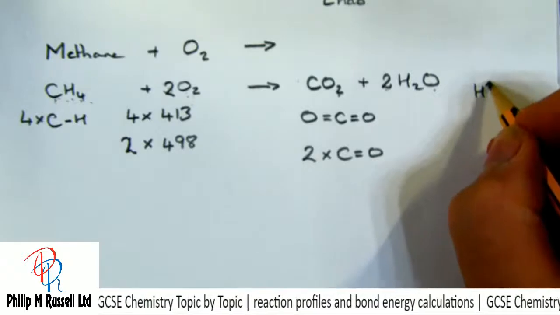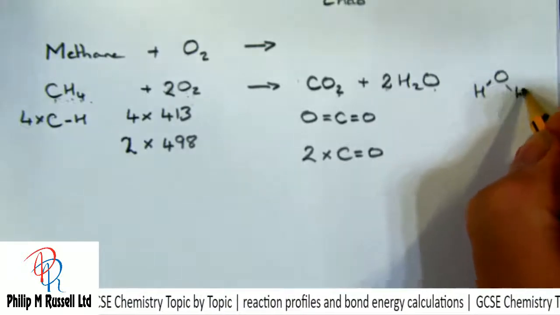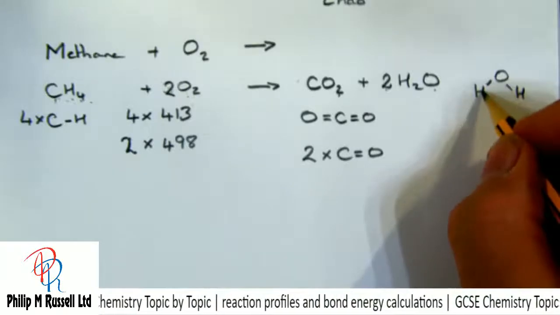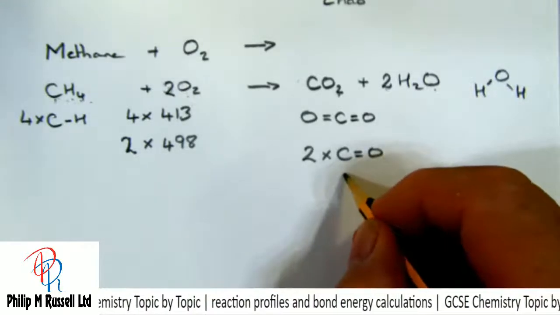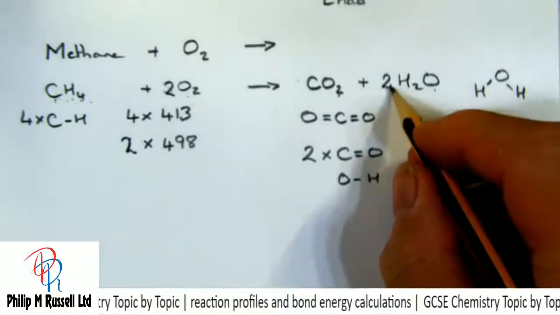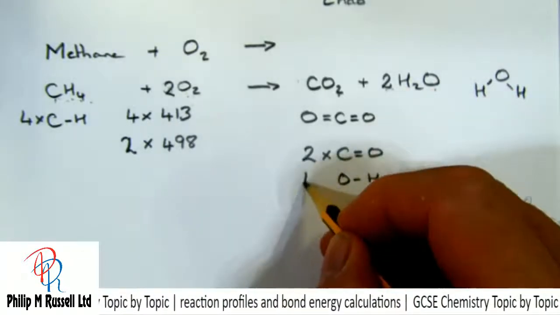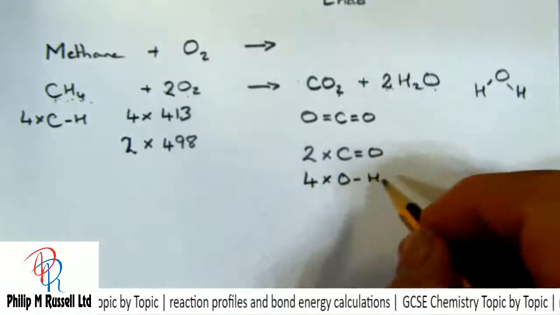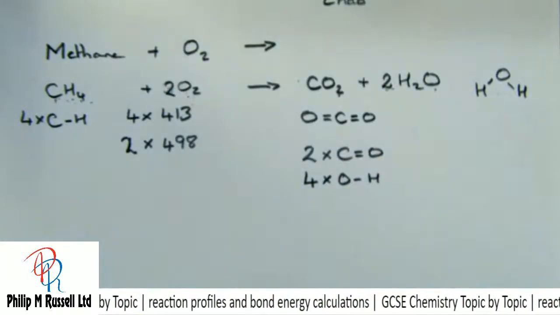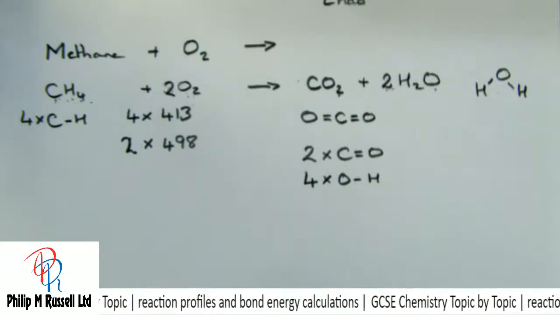If I look at my H2O, I've got 2 OH bonds, but I haven't got 2 of them because I've got 2 molecules, so that's going to give me 4 in total. This is why I've got to get the equation to balance before we do anything else.